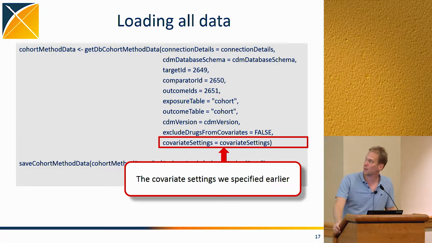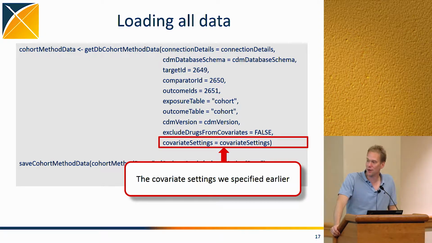All right, so the next step, once we have the data, is to create the study population. The arguments that you see here are things like what should be the risk window start, what should be the risk window end, and how do you define that relative to the start and end of the cohort.